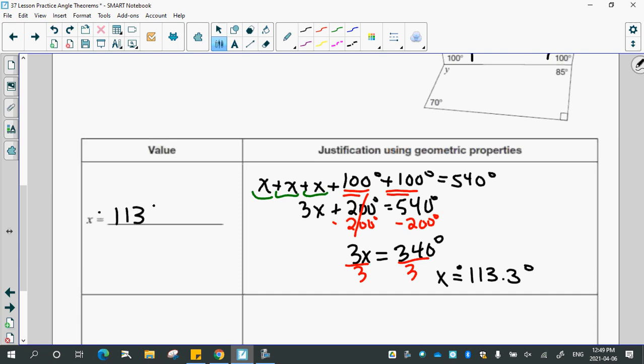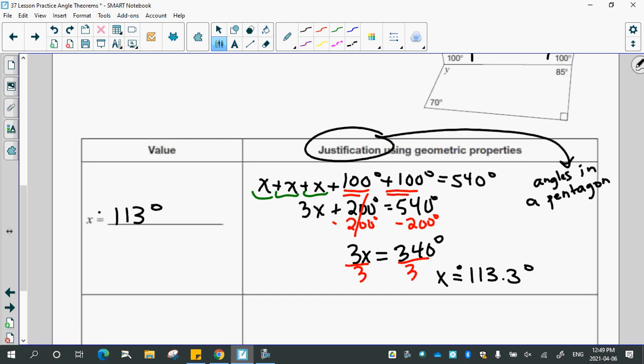So I put that in my chart as well. And my justification is that angles in a pentagon, or you can just write 5-sided, 5-gon, pentagon, add up to 540 degrees. That would be your justification by using a geometric property. I forgot the point 3.